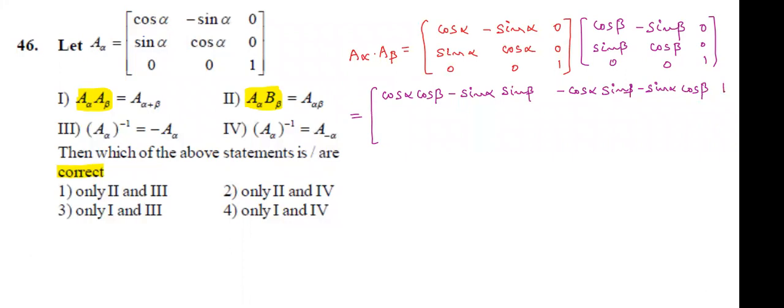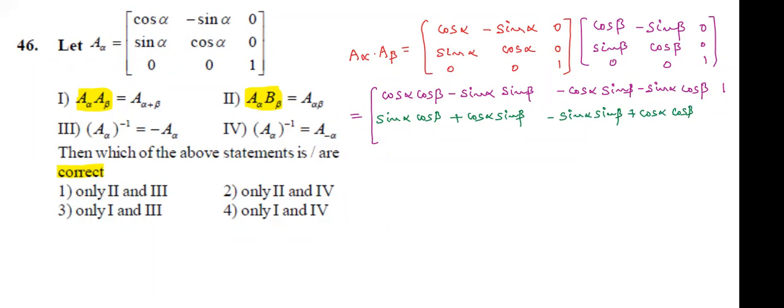Now second row, first column. What we get? Sin alpha cos beta plus cos alpha sin beta. Next, second row, second column, minus sin alpha sin beta plus cos alpha cos beta.